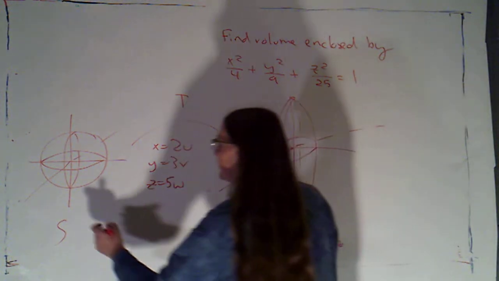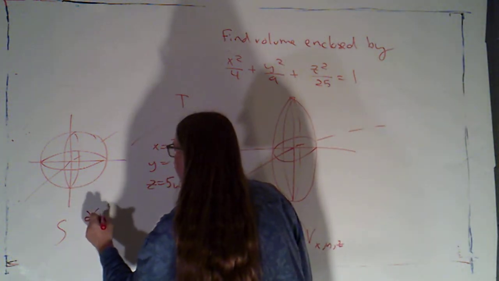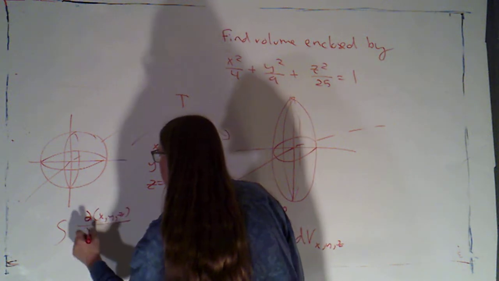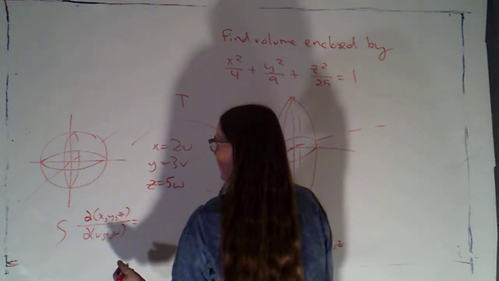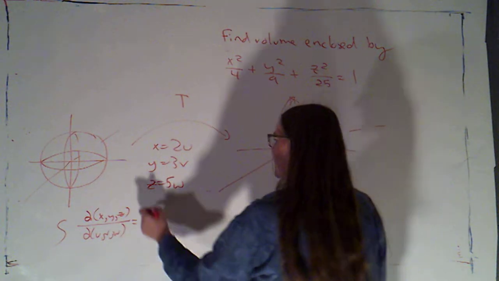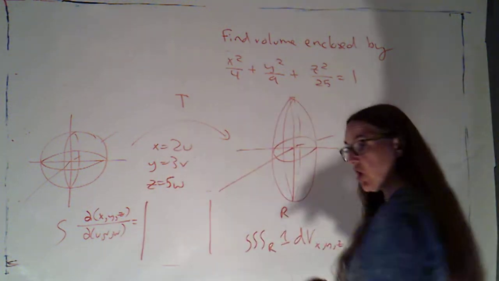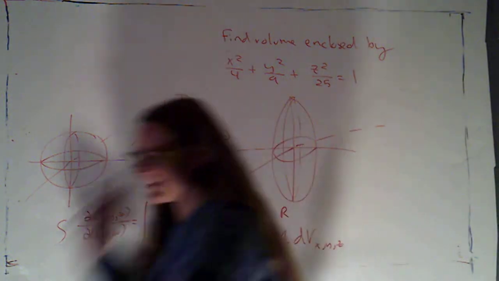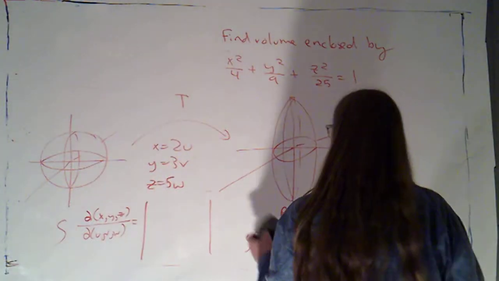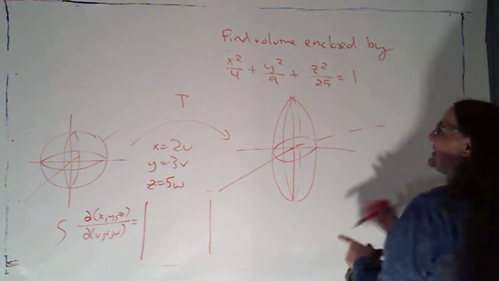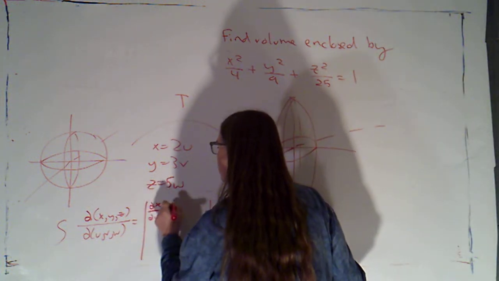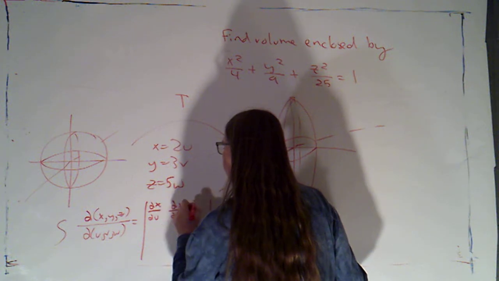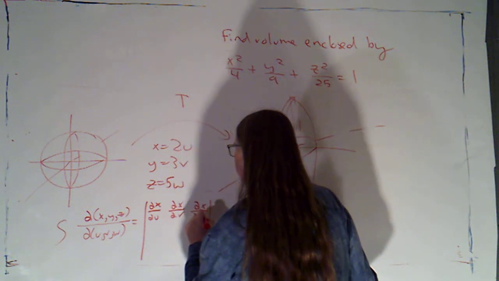So, if I take a look at del xyz over del uvw, that's going to be the determinant. So the Jacobian is the determinant. The scaling factor is the absolute value of that determinant. So I'm looking at the partial of x with respect to u, partial x with respect to v, partial x with respect to w.